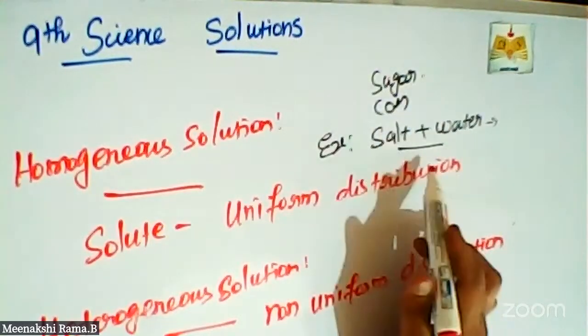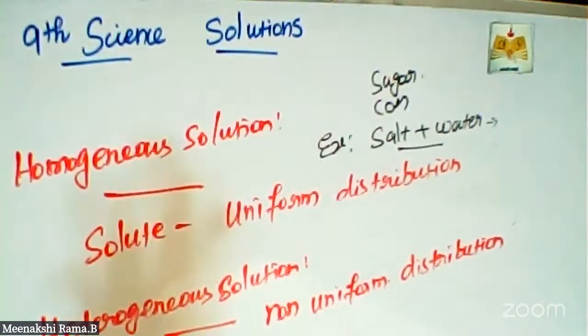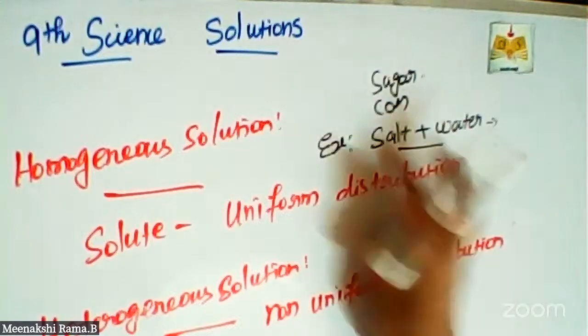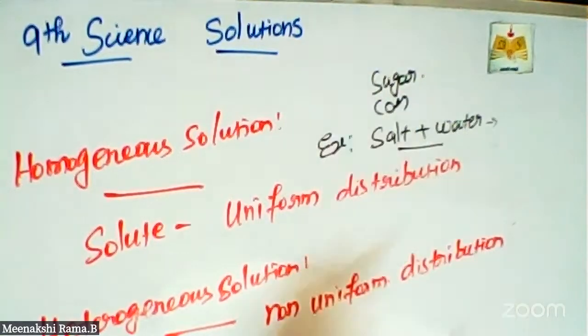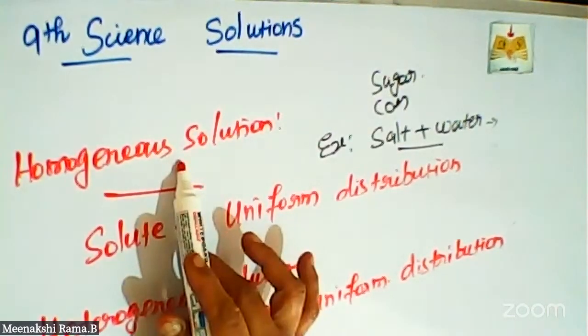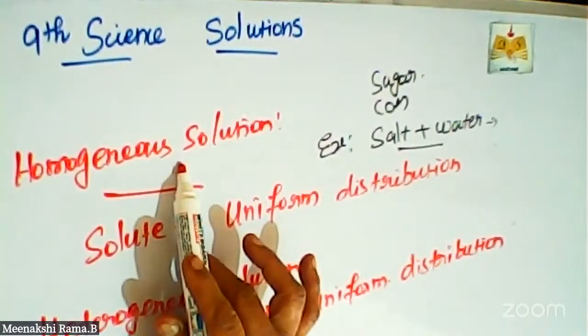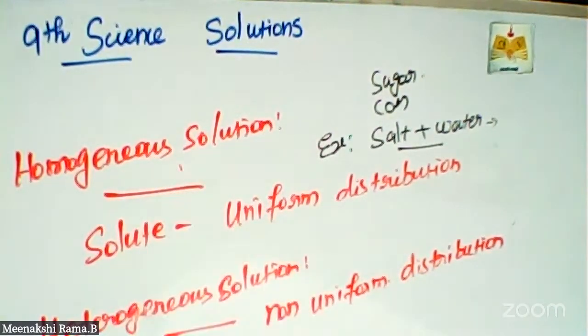Sugar and salt act as a solute. When we add some amount of salt or sugar into the water, these two materials are completely dissolved into water. That solution is called a homogeneous solution. Understand? This is called a homogeneous solution.